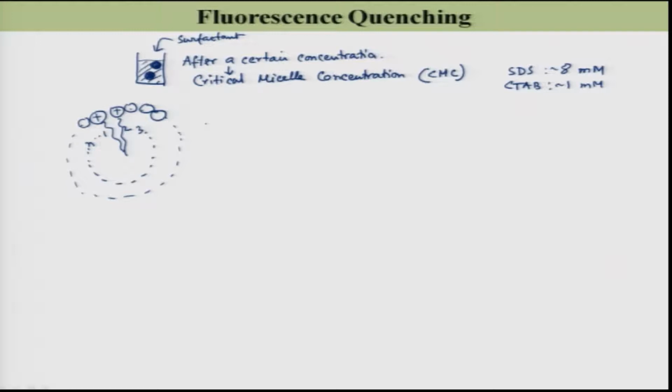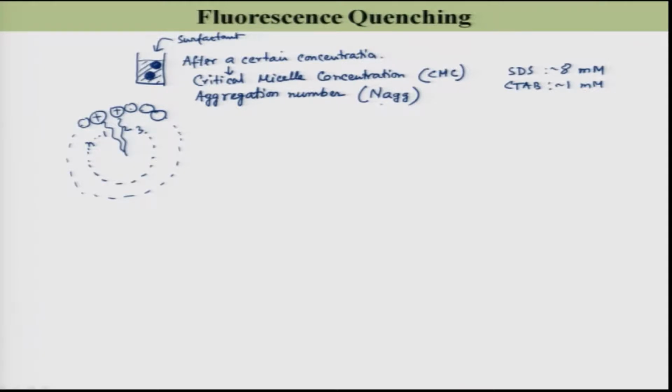For micelle formation from the surfactant, I encounter two things. One is the critical micellar concentration, and after the critical micellar concentration, n number of surfactant molecules will form this micelle, and that is called the aggregation number, denoted as n AGG. Now, my question is how we are going to experimentally determine this CMC and this n aggregation.